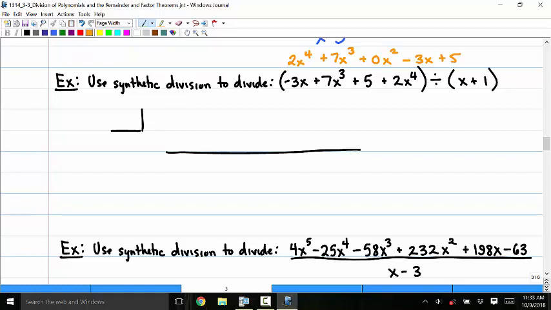So my coefficients are 2, 7, 0, negative 3, and 5. What number is going to go in my half box? If x plus 1 equals 0, then x equals negative 1. Negative 1 goes in the half box.